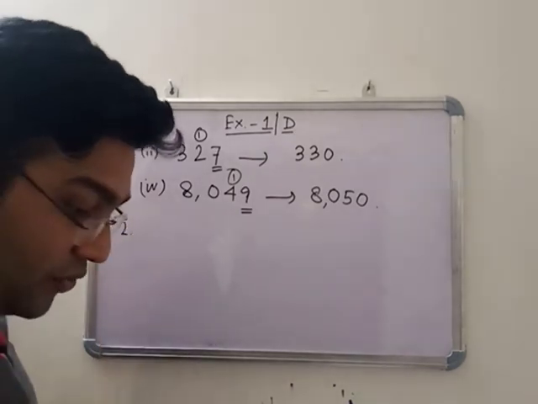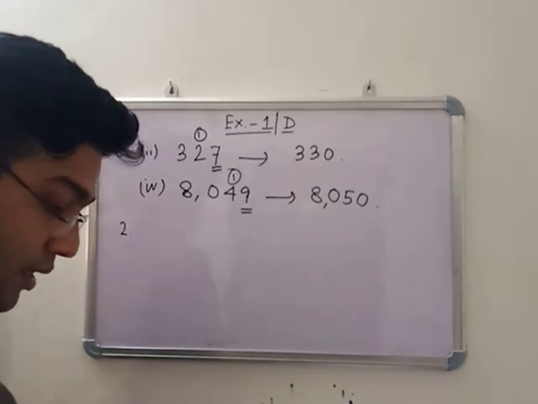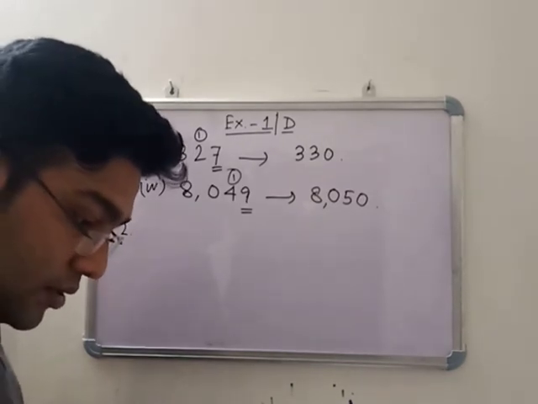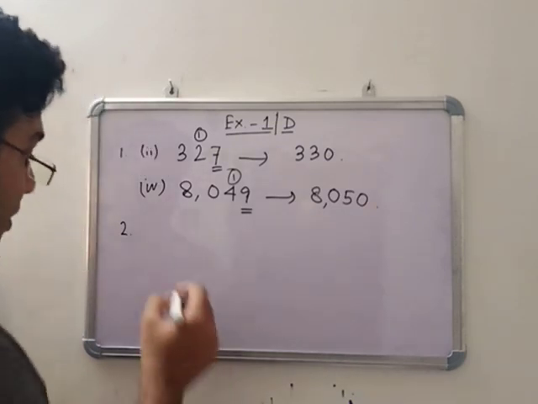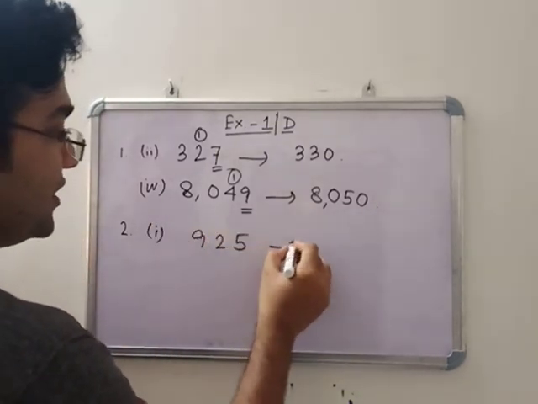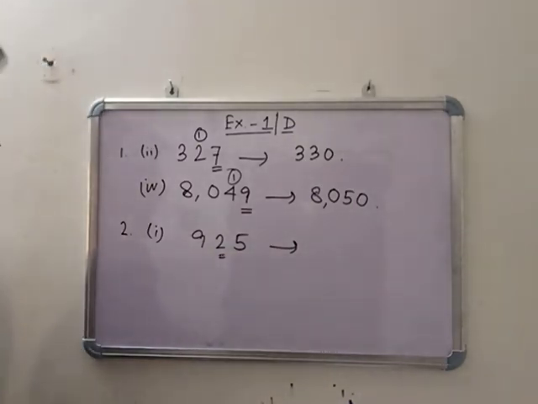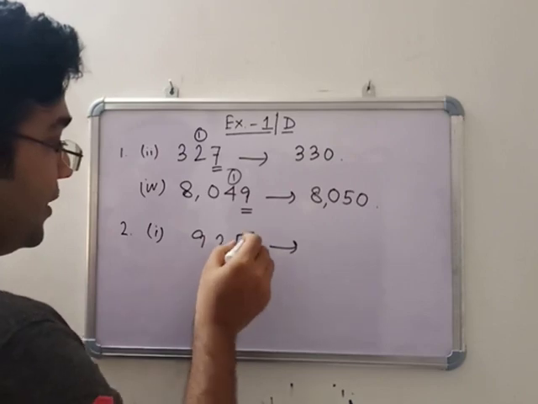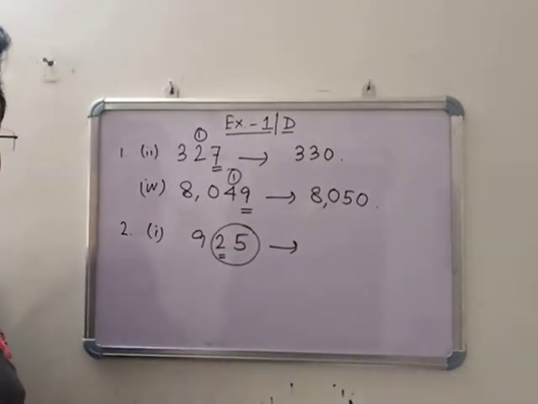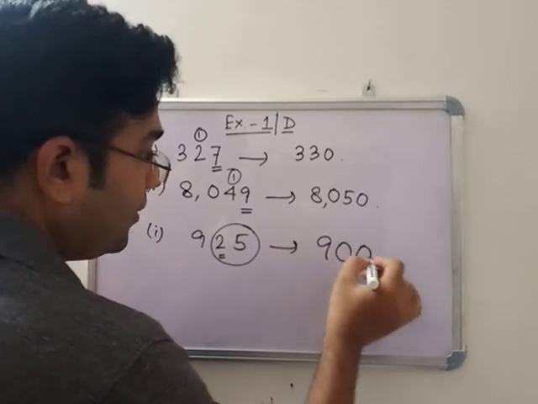Okay. And now next, number 2. Number 2, rounding off to the nearest 100. So number 1, this is 925. See that? This is 2 here, that means less than 5. That means this number 25 is less than 50. So that means only 900. Okay.